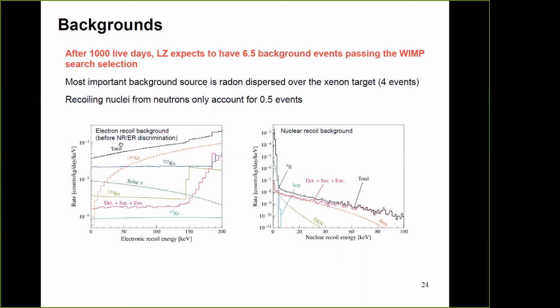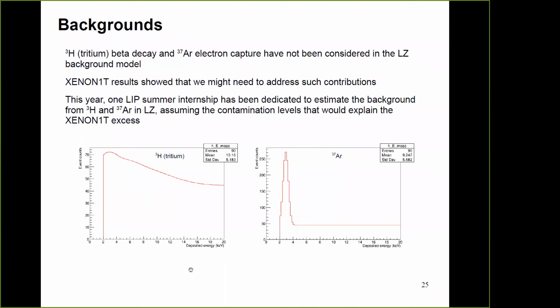At this point, I would like to add this work that has been done here at LIP this year as a summer internship, which is the estimation of the background from argon-37 and tritium, assuming the same contamination levels that would explain the xenon quantum excess.